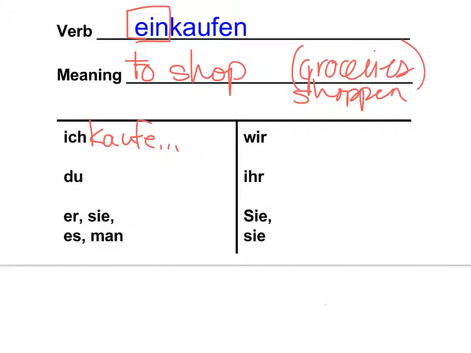And then each time we're going to put ein back in there so that we remember. What's du going to become? Kaufst and then ein. What about er, sie, es, and man? Kauft and ein.